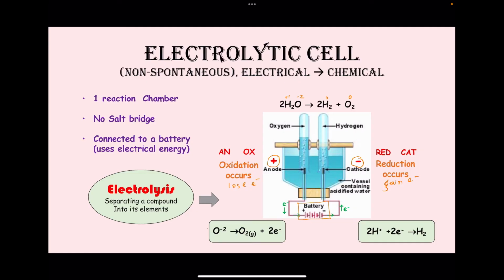We should write 2 oxygens here, by the way, because we have 2 oxygens on the reactant side. And here we should write 4 hydrogen ions instead of 2 hydrogen ions. So the 4 hydrogen ions are gaining 4 electrons and converting into 2H2.